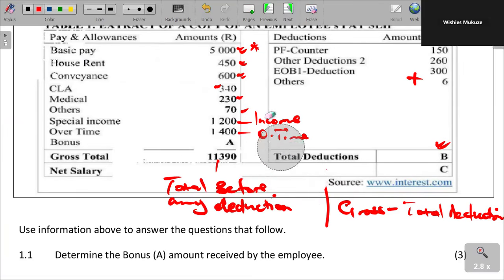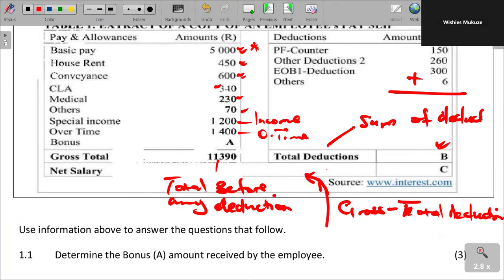The C point asked in this question: net salary is gross salary minus total deductions. We got that one. And obviously total deductions is a sum of all the deductions, meaning we add all the deductions given there.